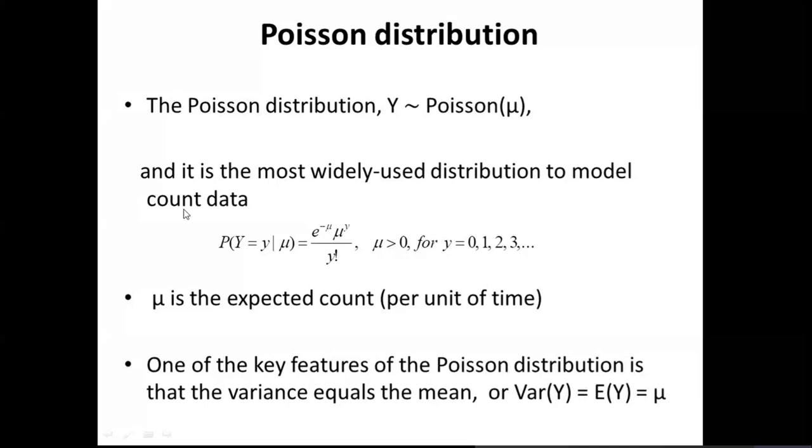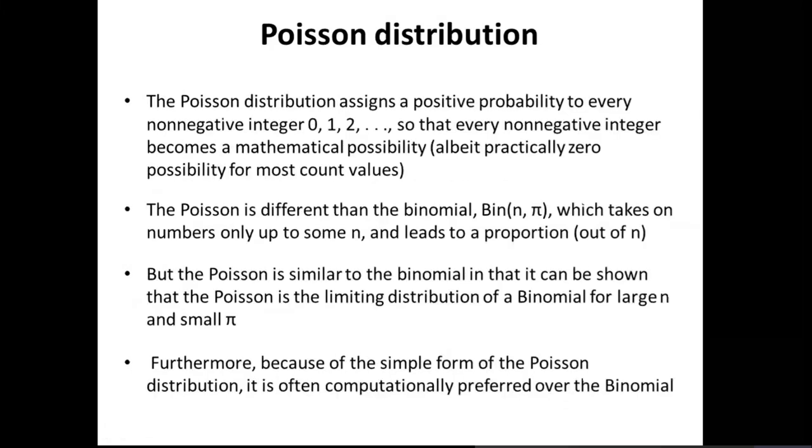So it will be e the power of minus 3. So you can calculate the probability in that way. So this is if you have count data with a certain expected number of outcomes per unit of time. And the Poisson distribution assigns a positive probability to every non-negative integer, 0, 1, 2, etc., so that every non-negative integer becomes a mathematical possibility.